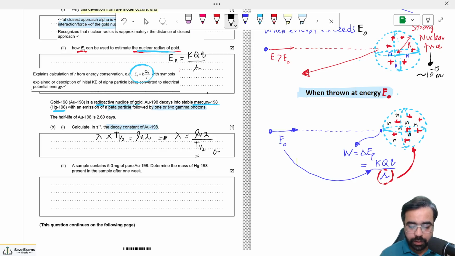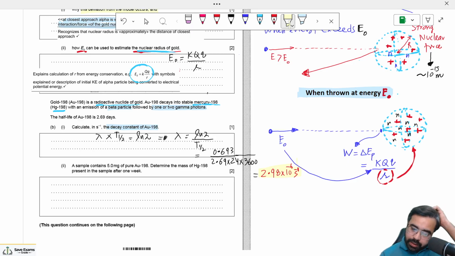So natural log of 2, which is 0.693, divided by 2.69 times 24 hours, and in 1 hour we have 3600 seconds. So the decay constant is 2.98 times 10 to the power negative 6 per second.